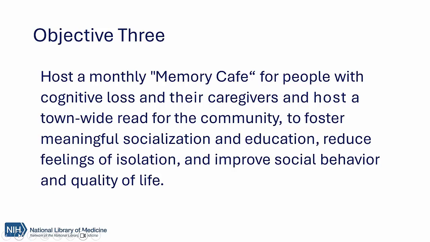Now, in some ways, I think this is two objectives, to host the memory cafes and measure those, and then to do a community-wide read, because how you measure those things might look different. So my point being is, when you come up with these objectives, think about how you're going to measure them, because that'll help us with the nitty gritty.